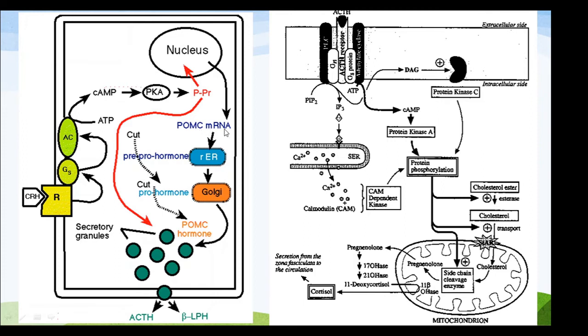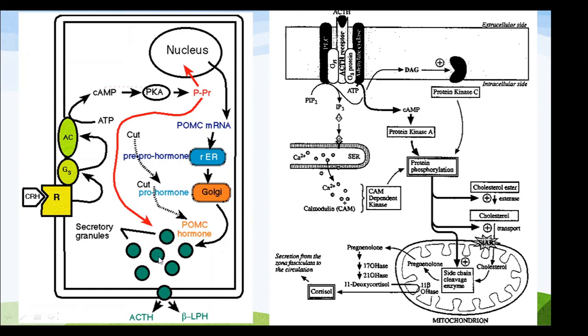That is the pro-opiomelanocortin, POMC, mRNA, which enters the rough endoplasmic reticulum and undergoes post-translational processing. So the pre-pro hormone becomes pro hormone. From the rough endoplasmic reticulum it goes to the Golgi, where again a part is removed and it becomes the active pro-opiomelanocortin hormone, which is then secreted into secretory granules or vesicles.